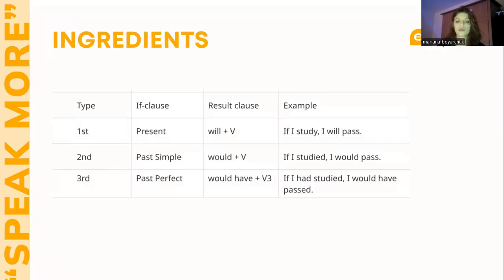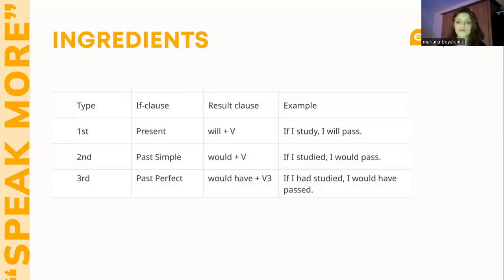Basically, we have three basic types of conditionals, not mixed. And let's revise a little bit. The first type consists of present tense in the if clause and then will plus verb in the result clause. For example, if I study, I will pass.